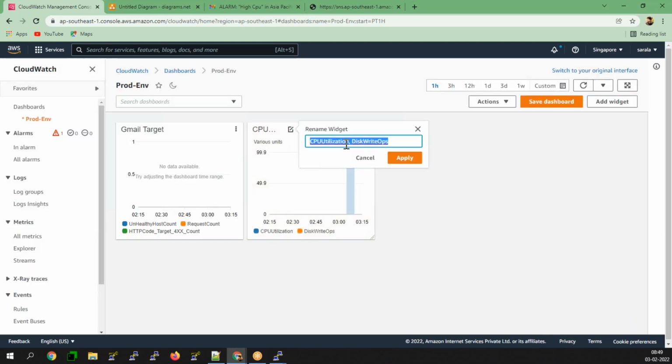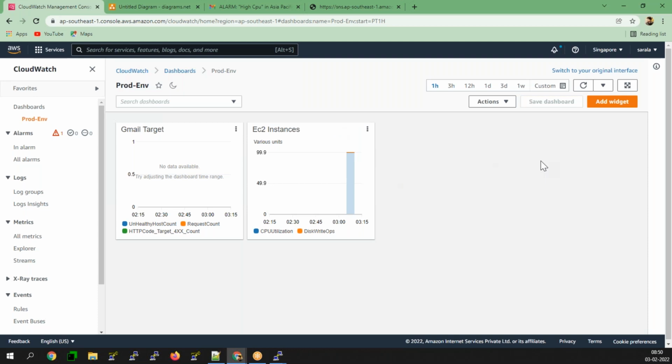One is the CPU utilization, and the second is the disk write IOPS. If the CPU utilization is around 99%, I will be notified of any abnormalities, as some of the instances are hitting 99%.